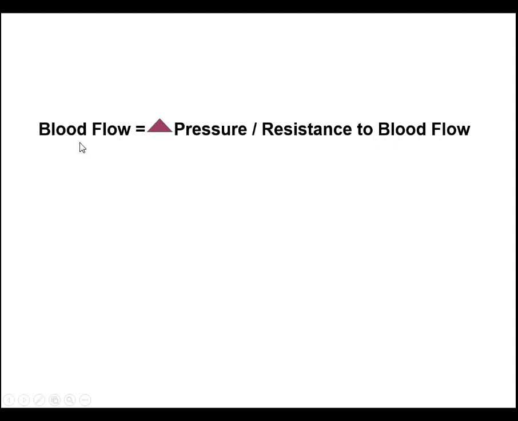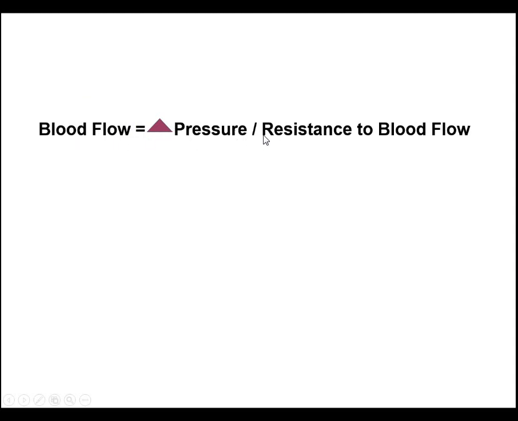So essentially what this means is that blood flow is directly related to change in pressure. If pressure goes up, blood flow goes up. In other words, if there's more push behind it, then the faster and the greater amount of blood will flow. More push, more blood.